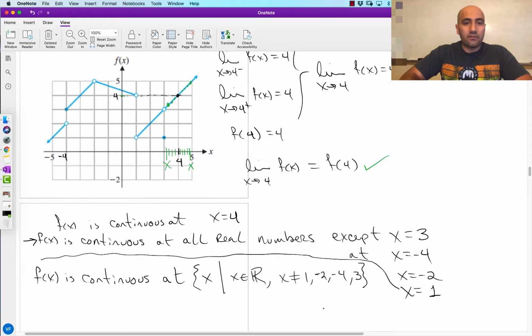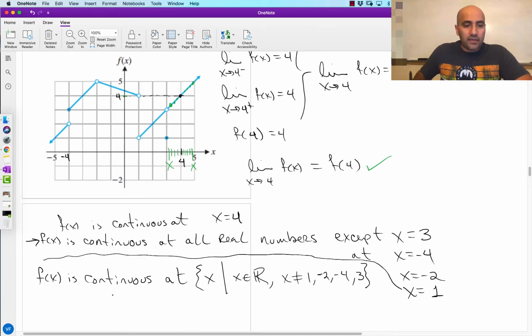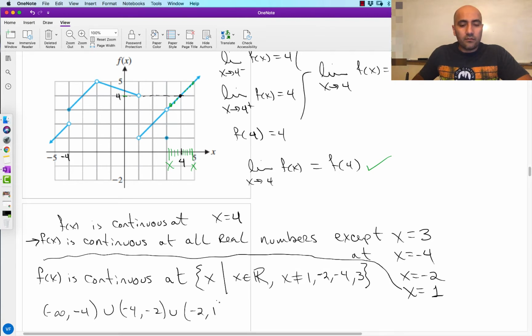So we could say that it is continuous for starting at -infinity and heading out to -4, union it with from -4 out to -2, and then union it from -2 out to +1, and then union it from +1 out to +3, and then union it from 3 to infinity.